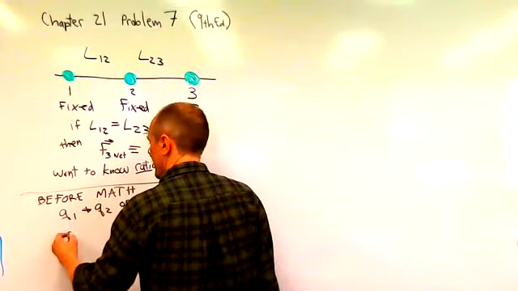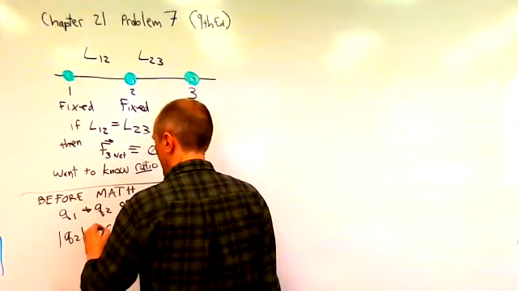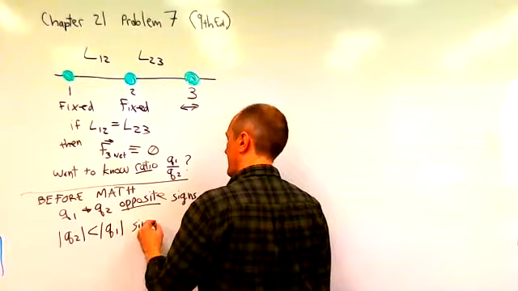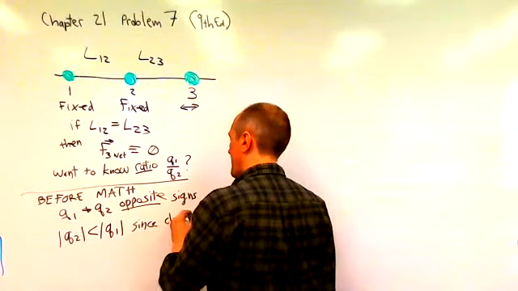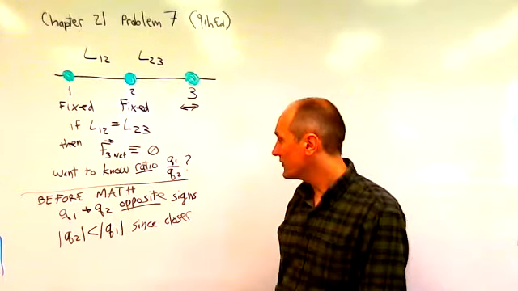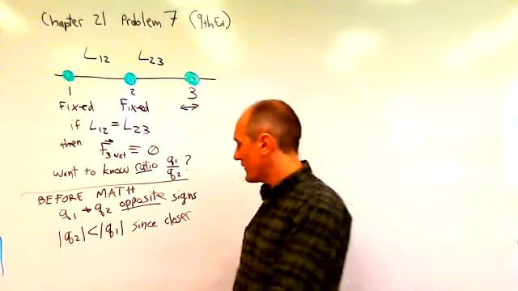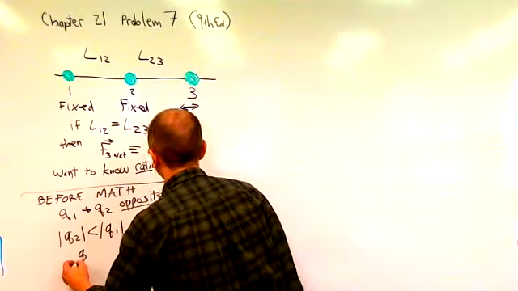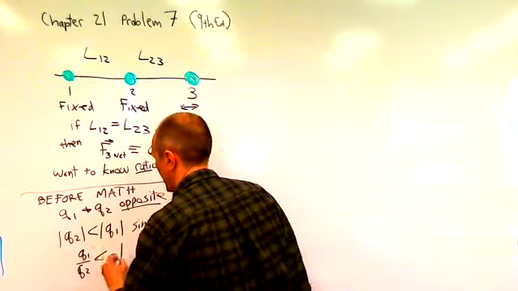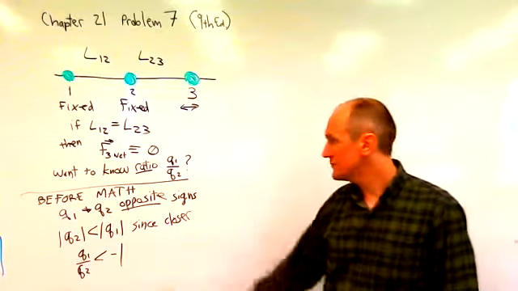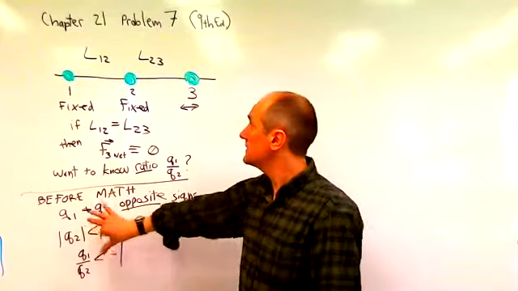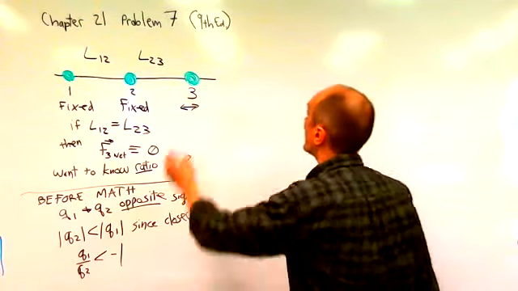So since these are opposite and Q2 is less than Q1, this tells us that Q1 over Q2 has to be something less than -1. So we've determined this before we've done any calculations at all. This should help our calculations.